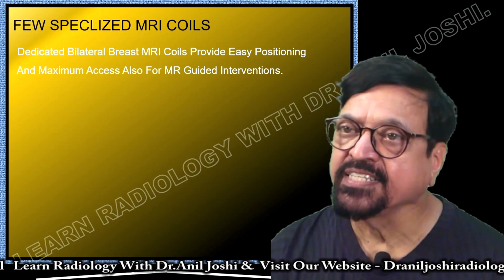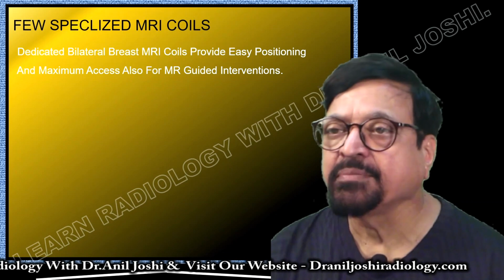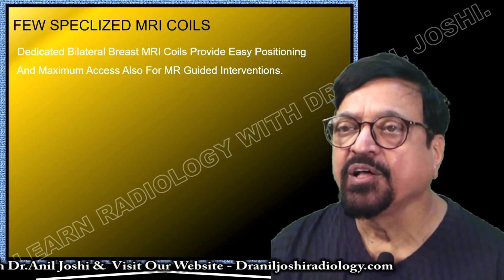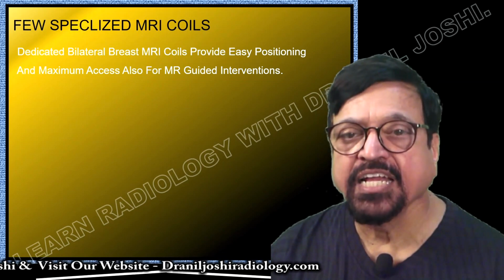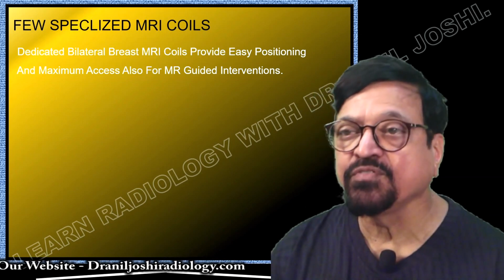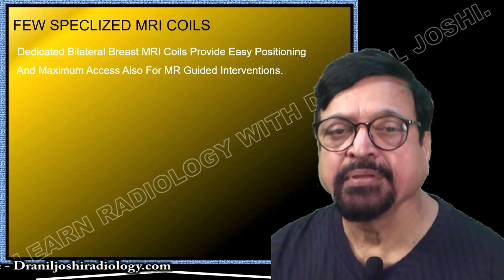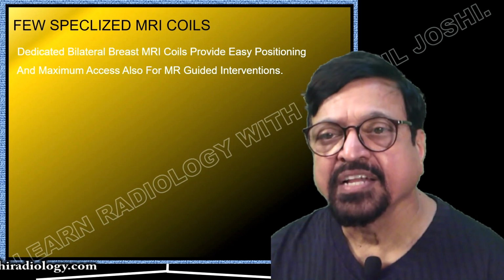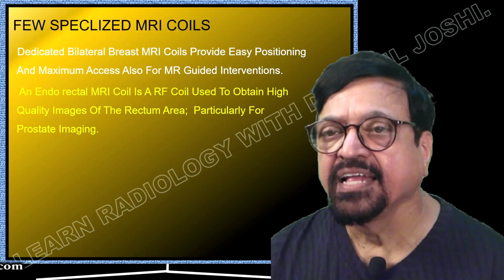Continuing, specialized magnetic coils. Dedicated bilateral breast MRI coils provide better positioning and maximum access also for MR guided interventions. Now as you know, MR mammography technique is totally different. For that you need a different design of coil, and accordingly they are designed and positioned, and the MRI is done in different positions so that good images can be obtained.